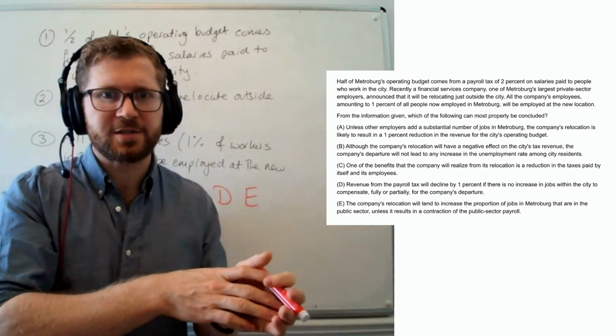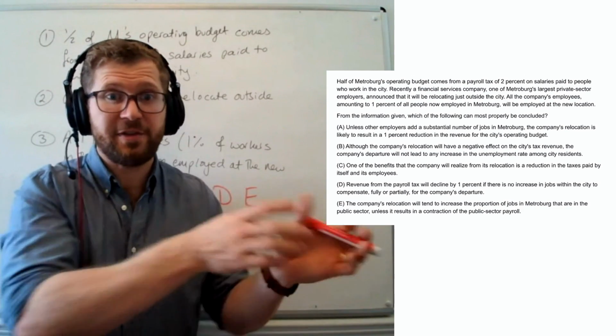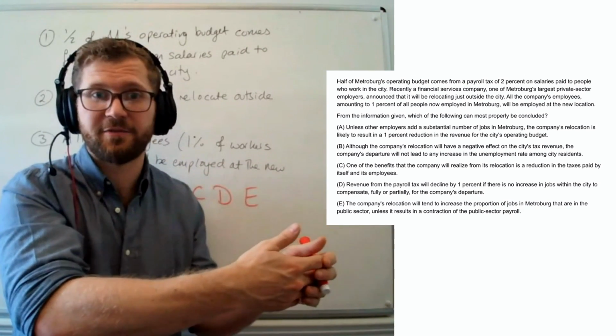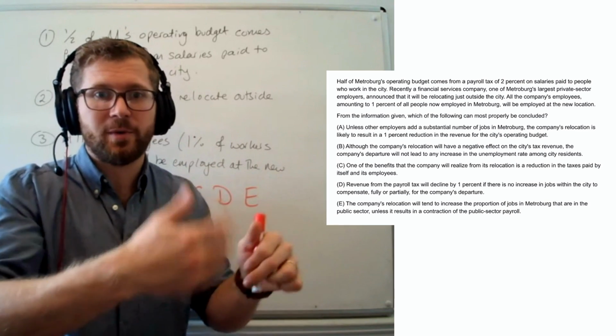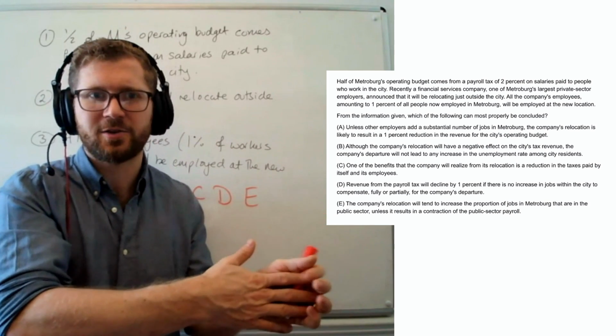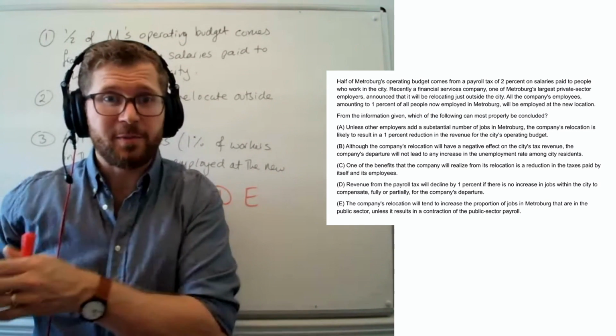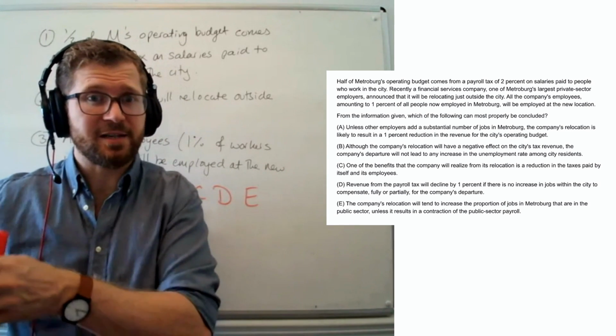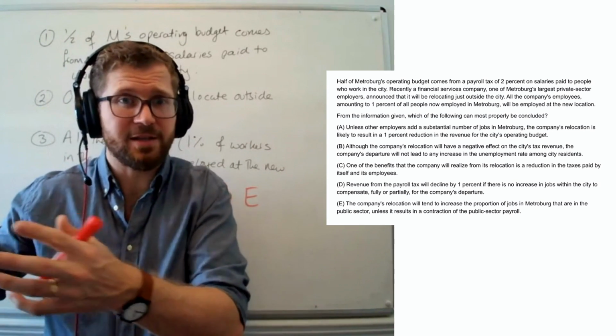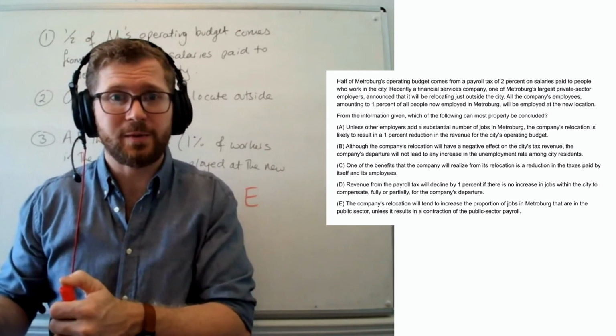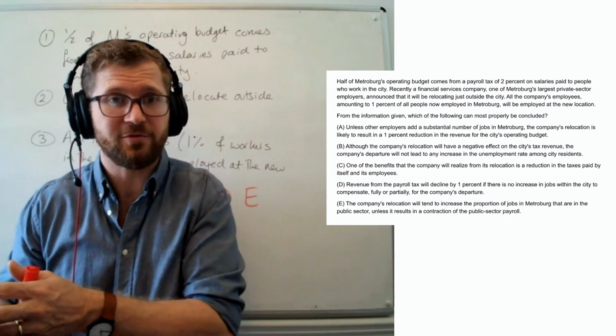If the people in this financial services company are paid significantly more than average, then the 1% of workers will likely contribute more than 1% of the revenue from this tax. If they are paid significantly less than the average income in this city, then they'll probably pay less than 1% of the revenue from this tax.